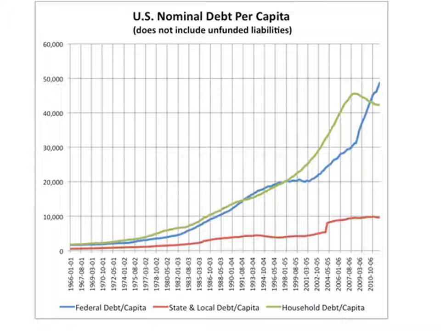That means how much each of us would owe if the government had to pay back the people it owes money to. So that is about $50,000 per person. So that's you, your spouse if you have one, and all your kids owe $50,000 apiece. The state and local debt, that would be the state of Pennsylvania and Philadelphia, for example, we owe about $10,000 apiece.